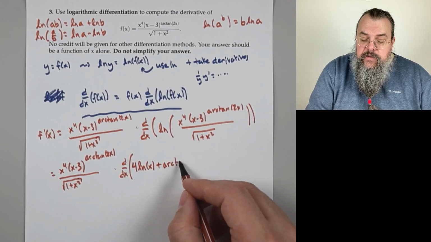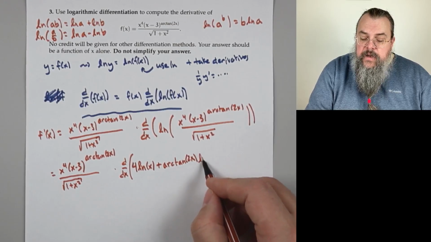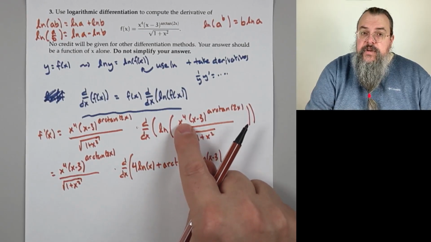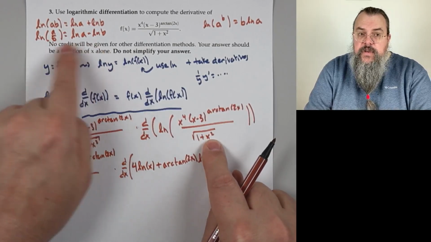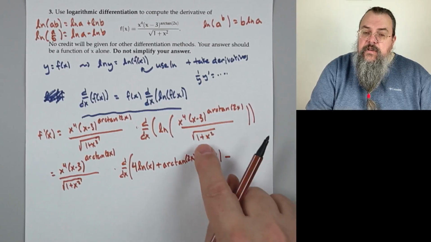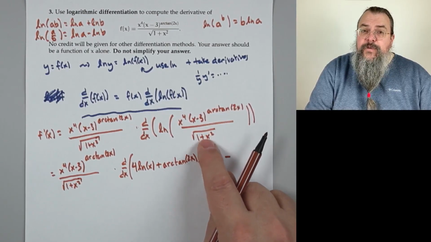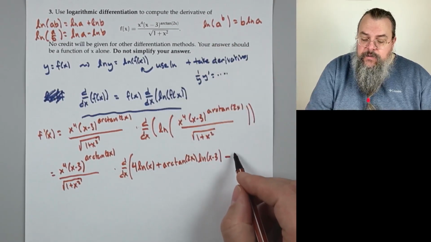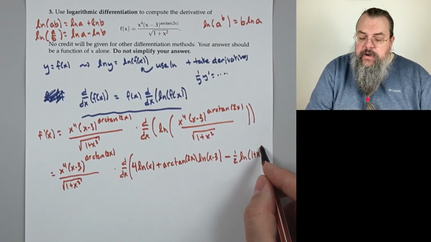Arctangent of 2x, because that's the power, times log of x minus 3. Okay, upstairs add, downstairs subtract, because division becomes subtraction. So we're going to subtract, and it's log of the square root of 1 plus x squared. Well, that's really 1 plus x squared to the 1/2. Again, power. So we can write this as 1/2 log of 1 plus x squared.